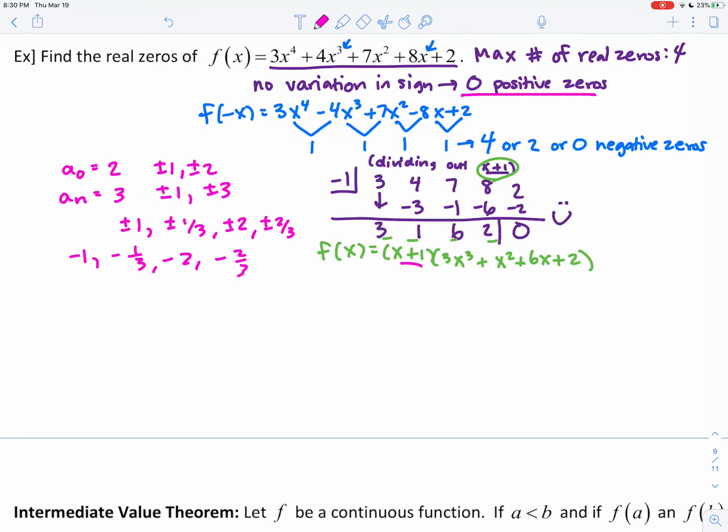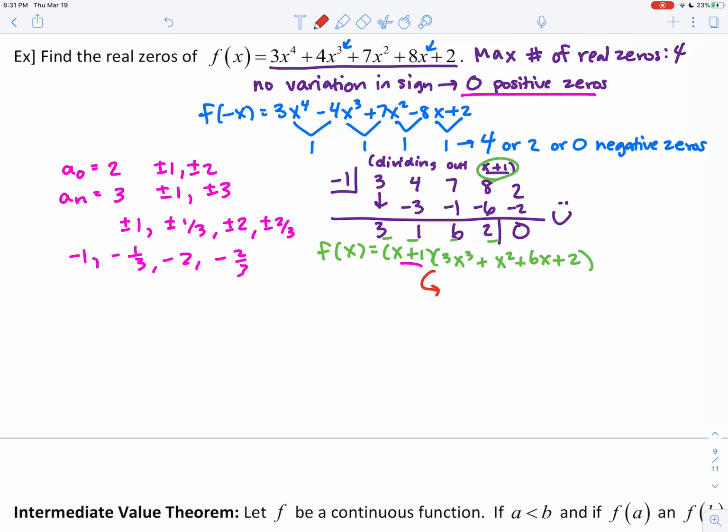Looking at the second set of parentheses, I'm seeing 4 terms. So what you could do is try dividing more stuff out, or plugging in more numbers, but since it's 4 terms, we might want to try factoring it. So let's do that. If it's factorable, it'll be a much quicker process.